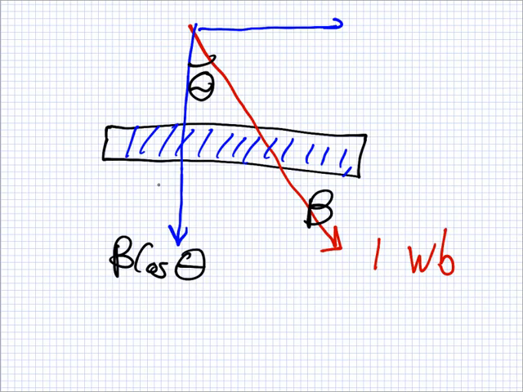Originally, Grace, I drew it like this, with the magnetic field going in, but now I'm looking at the side. So in my first picture, I was looking at it like this, but I thought that was difficult, so I'm looking at it like this, on the side.